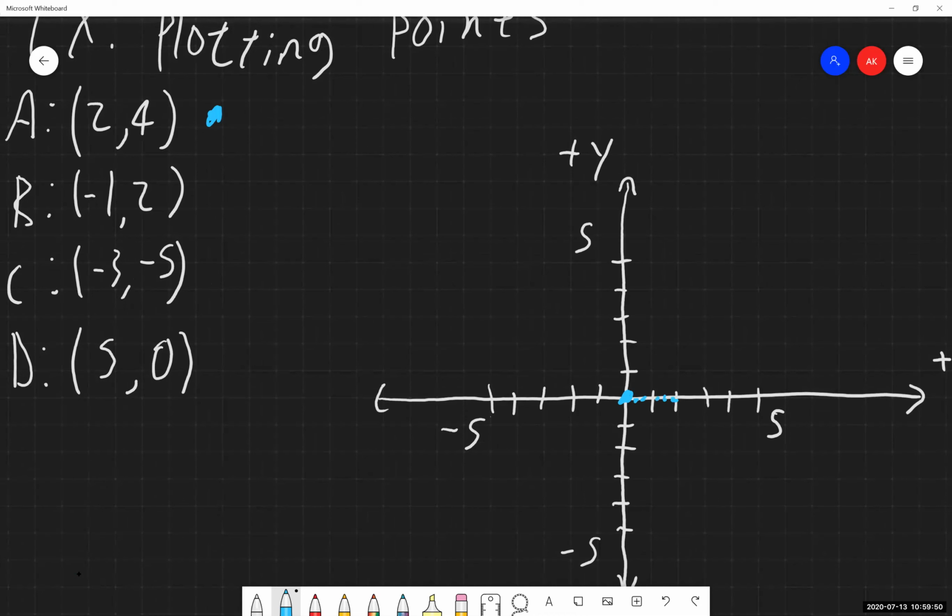So I go 2 in the positive direction on the x-axis. Then I'm going to move vertically. The right-hand number, or output value, tells us the direction and the number of places I'm moving vertically. So I have a positive 4, so I'm moving 4 in the positive direction. I'm going to be ending right here. So I have point A. And I'm done.